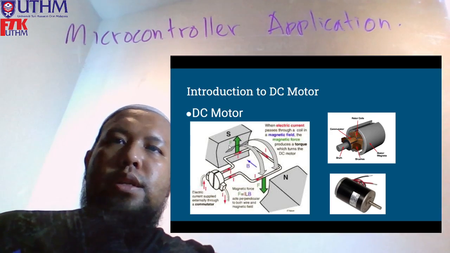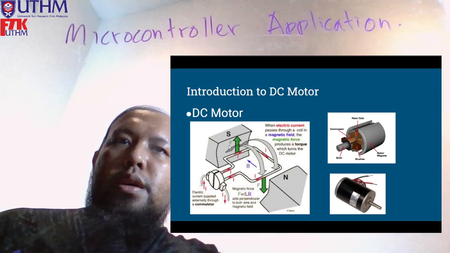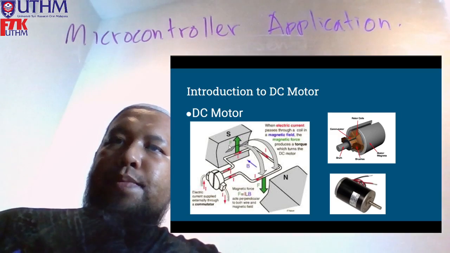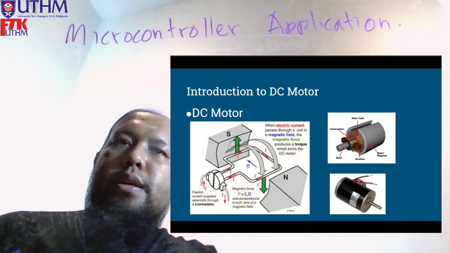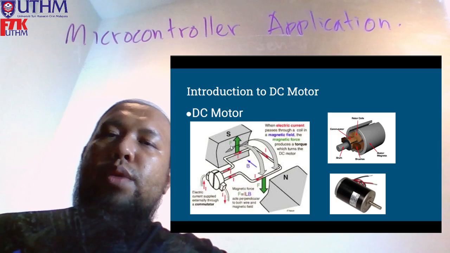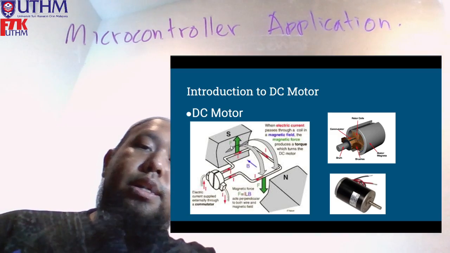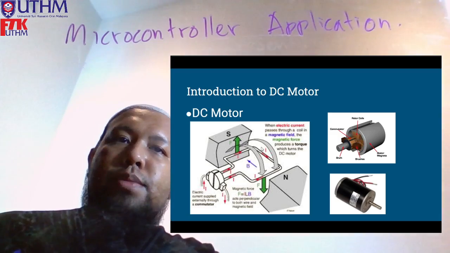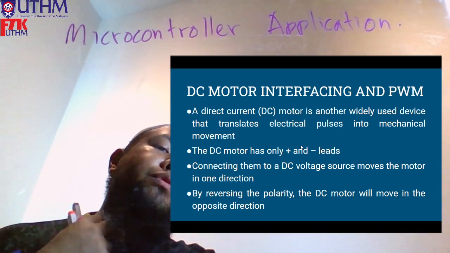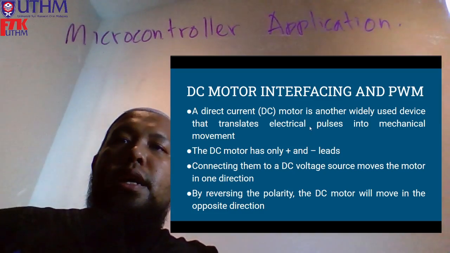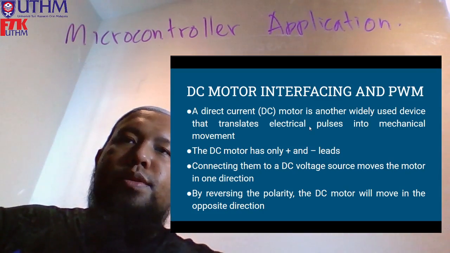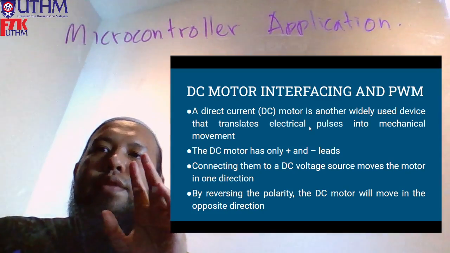If you know, a DC motor is moved by electric current being pushed around a magnetic field. Okay, this is something that you already learned in school or in matriculation, right? So the basic concept of a DC motor that we have to know right now is that it is controlled by a direct current. We know that direct current has both directions, right?